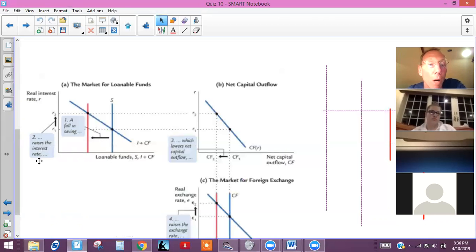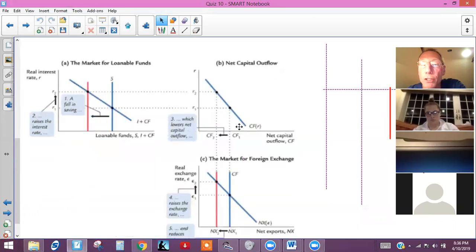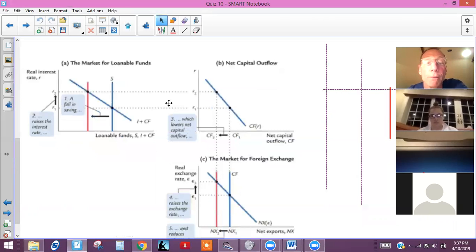When interest rates go up, number two, that's going to lower capital outflow, right? You're going to move along the line of capital outflow right here. So this is not a shift. See, this is different from the other one. That's why it's kind of confusing. This is a movement along the line because of the interest rates. Remember the rule of any XY graph: you get a movement along a line if a variable in the model changes.